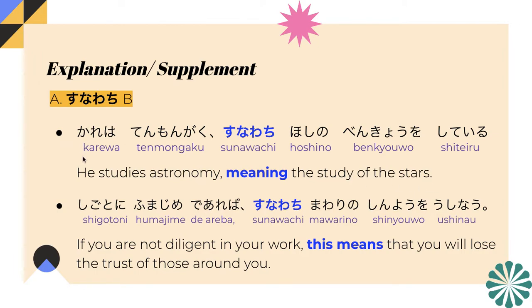To say this in Japanese, it would be 彼は天文学、すなわち星の勉強をしている。So phrase A is stating what he's doing, and after すなわち, it's describing what he was doing in more detail.